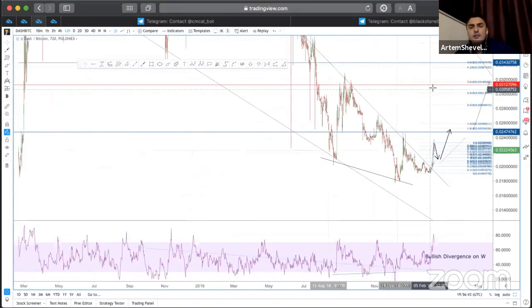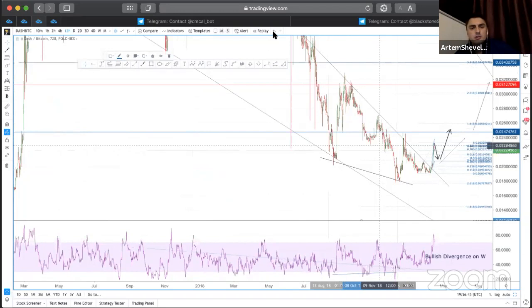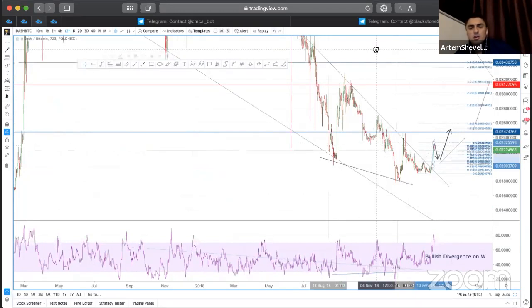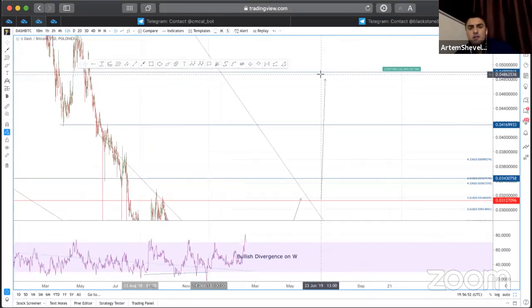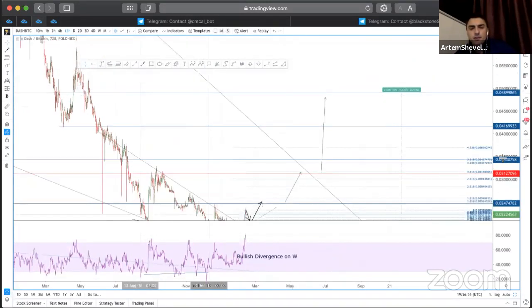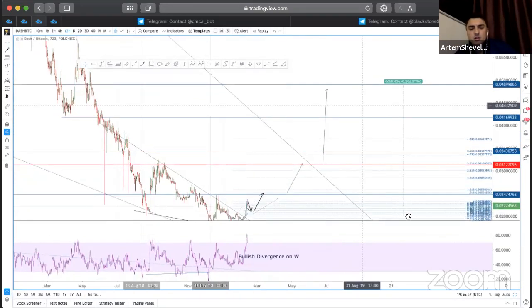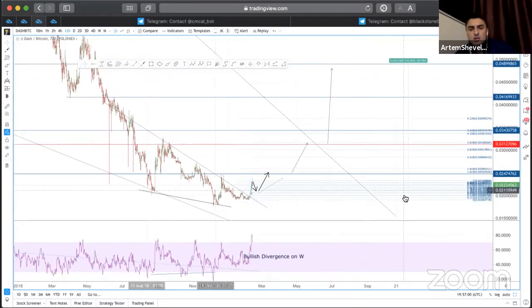I have a target at 31. Sorry, I have a target at 41. I have a target at 48. So it's about 145% profit from the entry, which I'm going to make from around 20. So it's really, really good.